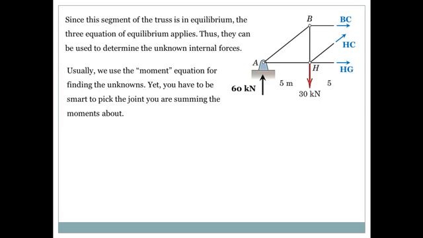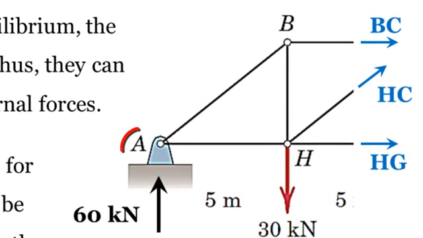So what is this deal with the moment equation? Basically, you're going to use it to sum the unknown forces about a point. Let's say you picked point A, or joint A. So you're going to sum the forces that you see in this piece of the structure about point A. Now, how many unknown forces do I have, and where are they?